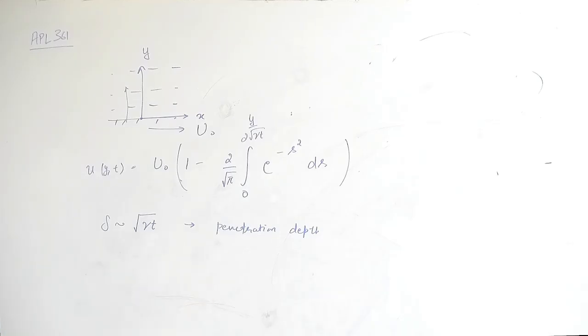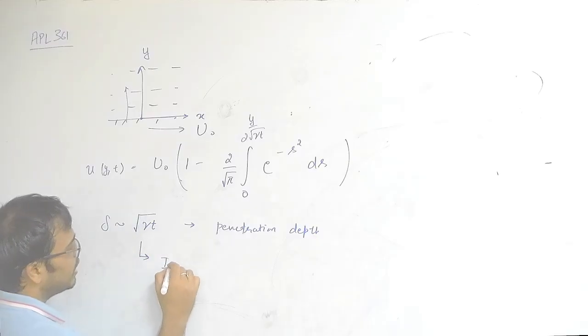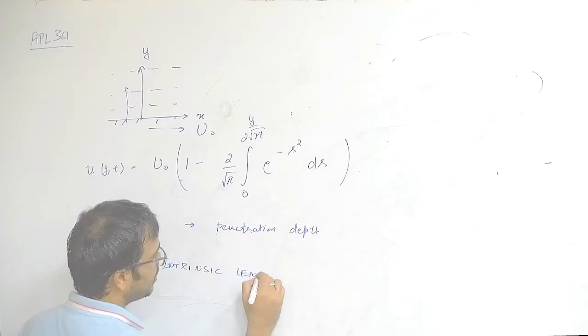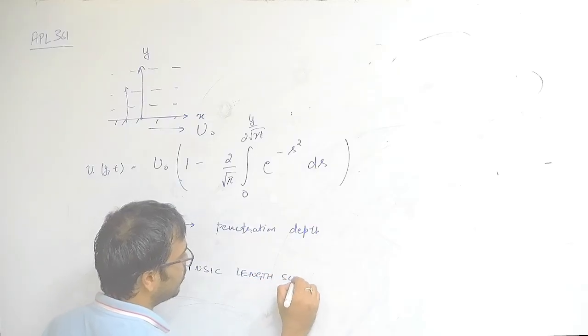Now there is an interesting point to make: this square root of nu t is the intrinsic length scale of the flow.